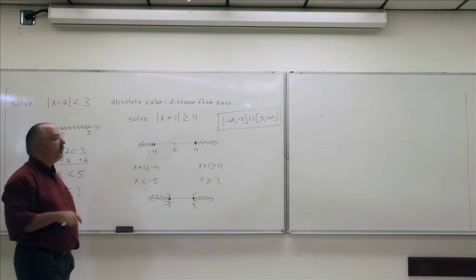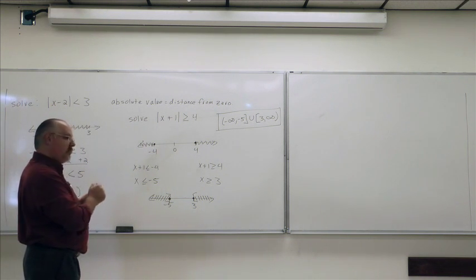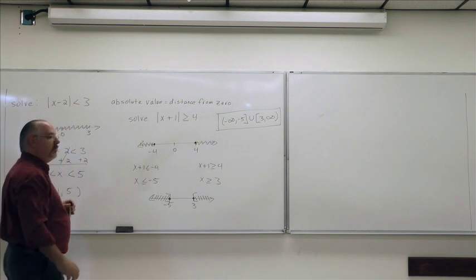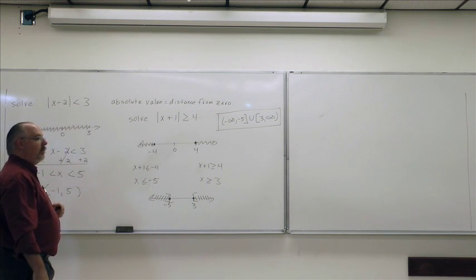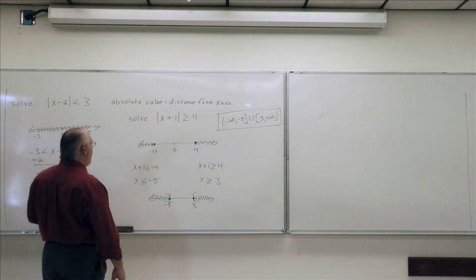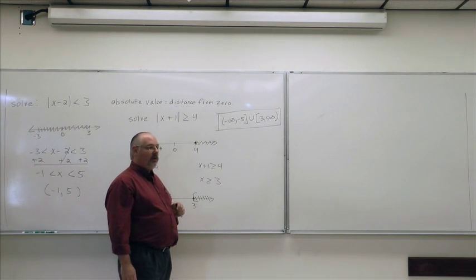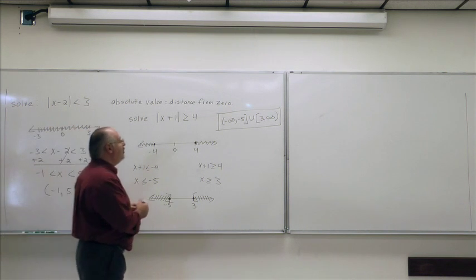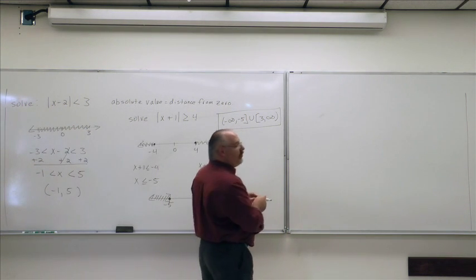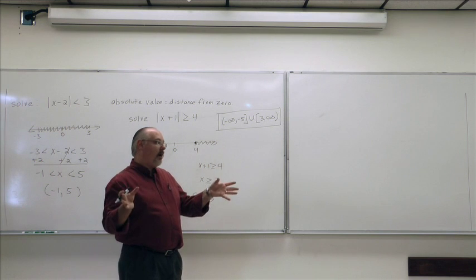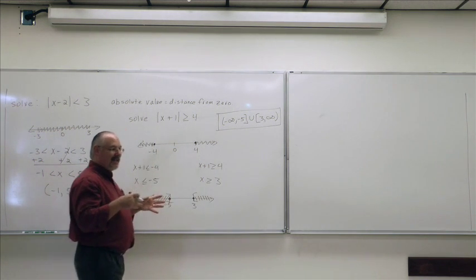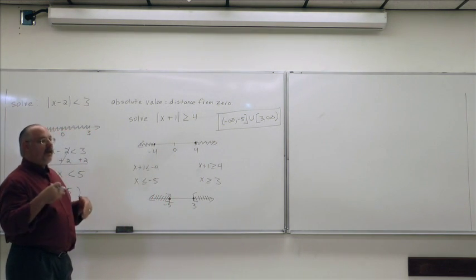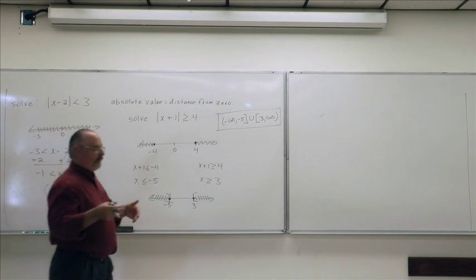I've had some problem on array where when it's separated like that, it says no solution in the middle. Okay, you can get no solution for some of these. It depends on the problem. Generally, when you get two kind of funky problems, less than a negative and greater than a negative.